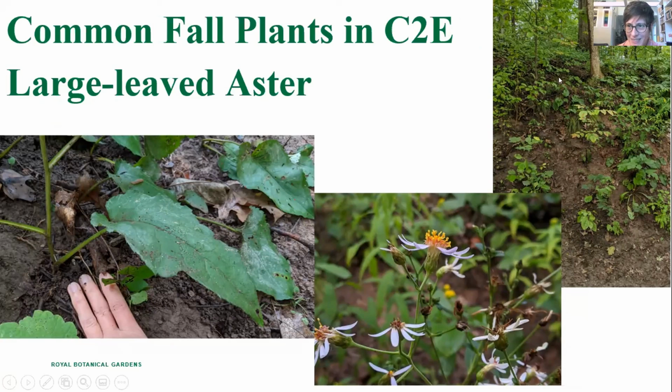If you can see in this picture, there are many right here, and they are all connected underground. They all grow in a little basal rosette, all these leaves coming from the ground until it decides it's going to flower, at which point it sends up this shoot with this lovely cluster of aster flowers up on top.